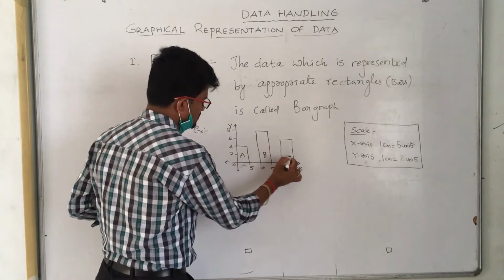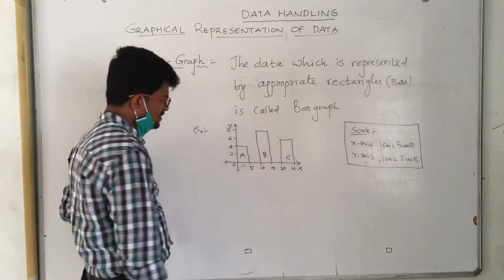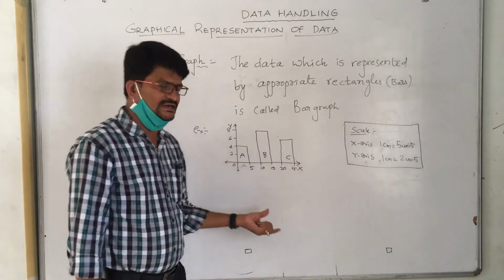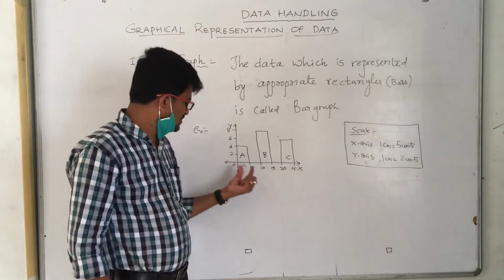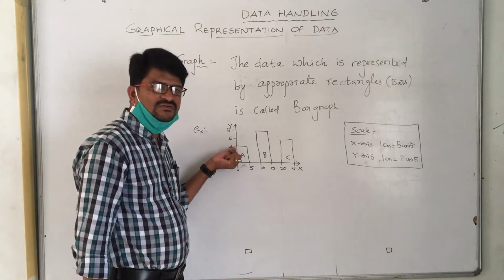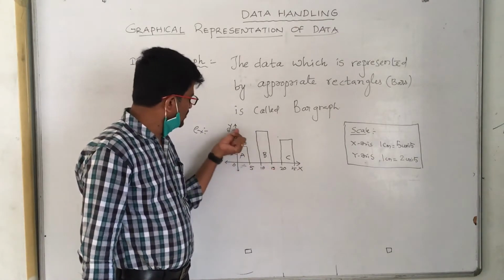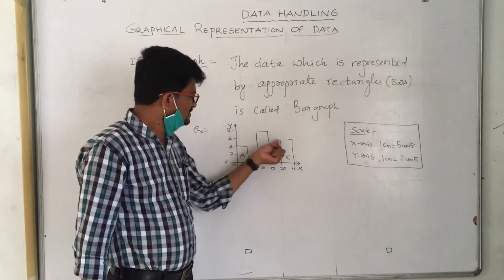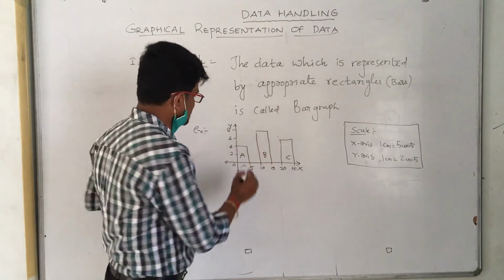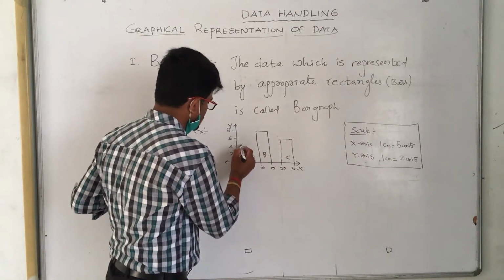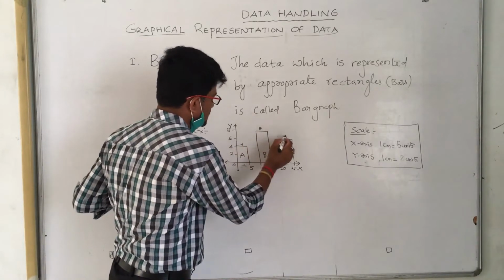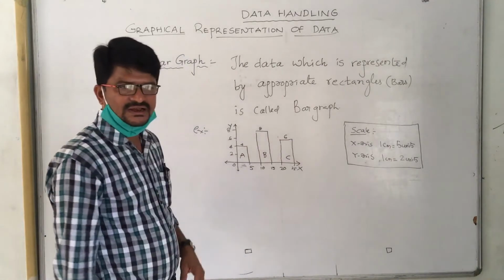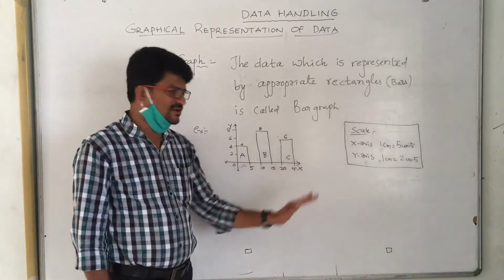This is B, this is C. Okay, children? A test was conducted for 10 marks. A got how many marks? 4 marks. B got how many marks? 8 marks. C got how many marks? 6 marks. Is it clear? This is the 4 and 8 and 6. Clear? This is nothing but a bar graph.